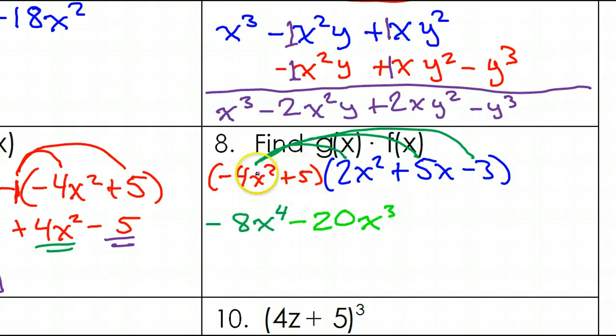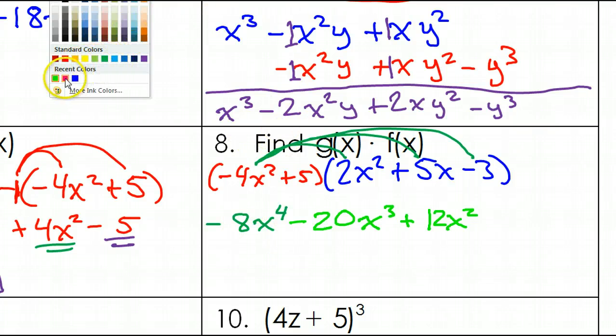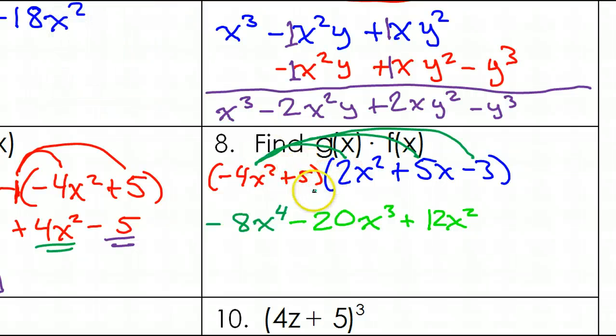Okay, and then I'm multiplying negative 4x squared times negative 3. Well, negative 4 times negative 3 is positive 12. So that'll be positive 12x squared, because we got the whole x squared thing happening. Alrighty then. In your face!